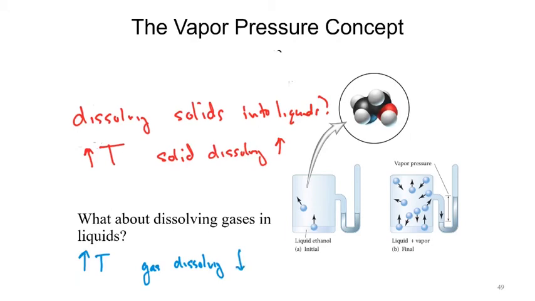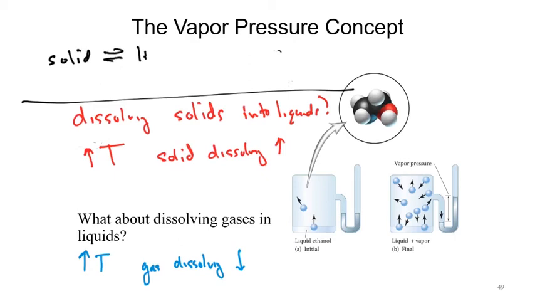Okay? And this on the surface may seem contradictory, but let's think about this a little bit differently. We've got a solid transitioning to a liquid, which can transition to a gas. To go from a solid to a liquid, we are increasing temperature, right? Okay? So if I'm looking at the dissolving process, I'm taking a solid and trying to make it a liquid, I need to increase temperature. That's how we transition from solids to liquids.